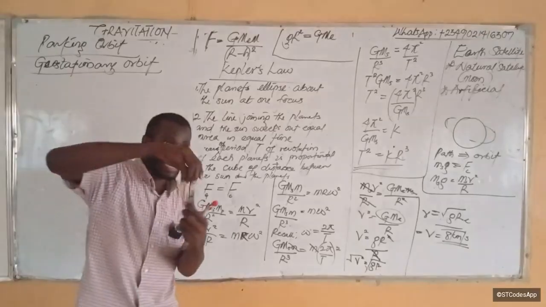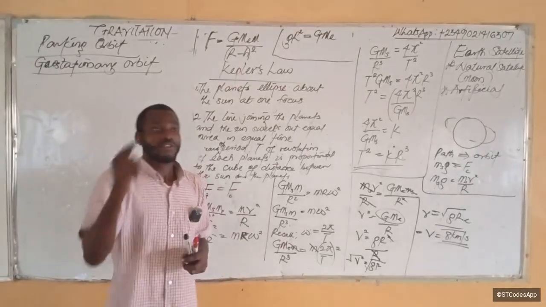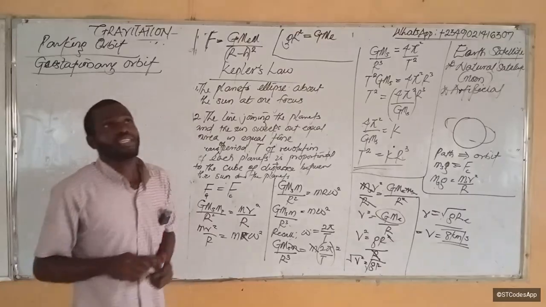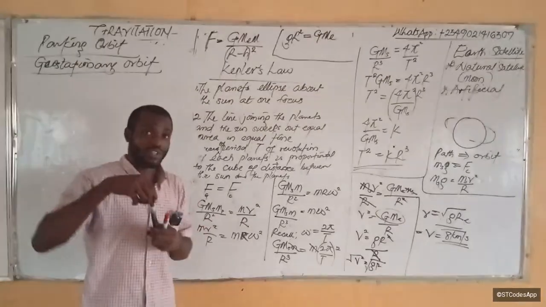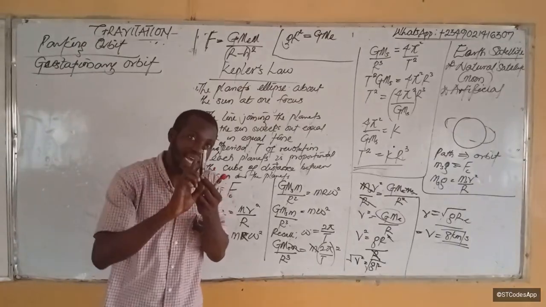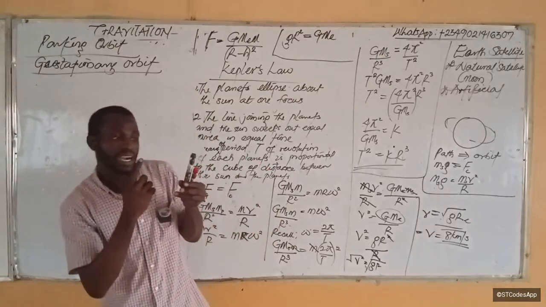The period of revolution of the Earth around the Sun is 365 days, but the period of rotation of the Earth is 24 hours. So that same satellite is also having the same period of rotation around the Earth.